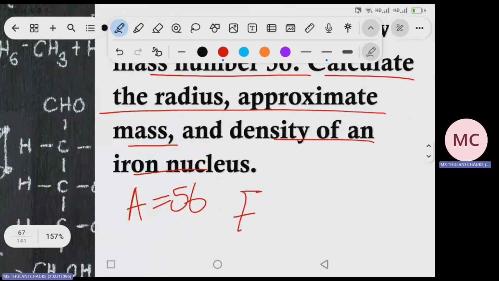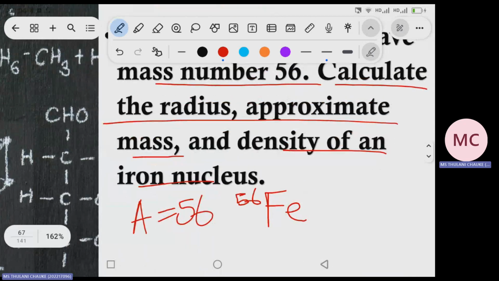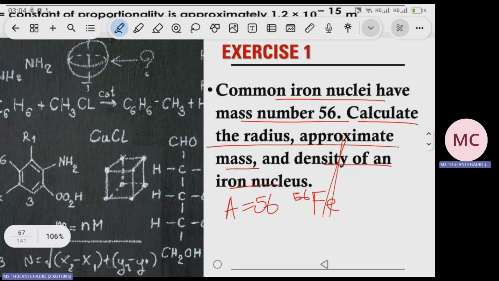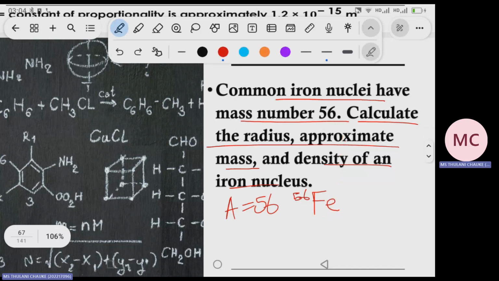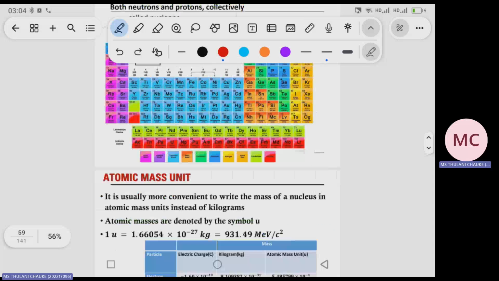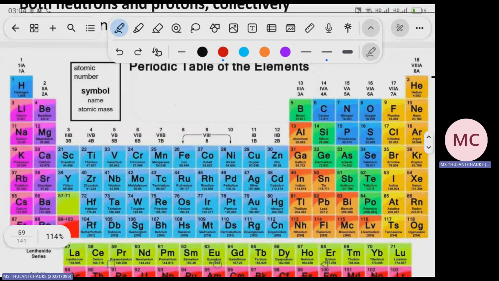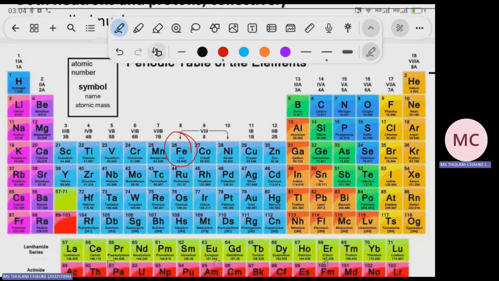You know iron is represented by the element Fe. So its mass number is 56, and its atomic number is 26. Let's check. It's element number 26 on the periodic table.